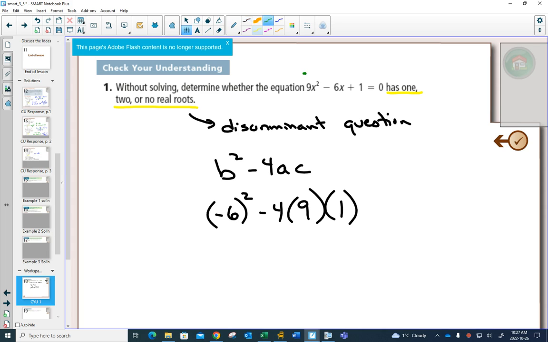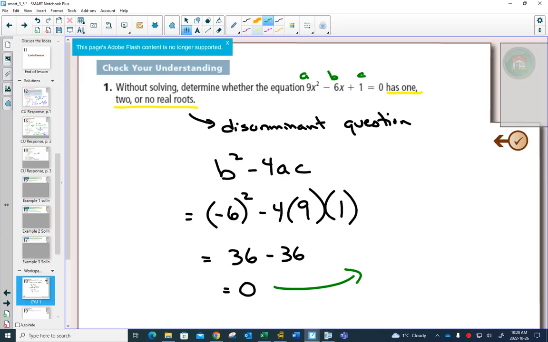First of all, we have to notice that it was sure nice that this was already in the right form. Sometimes you have to rearrange it so that it's in the ax squared plus bx plus c equals 0 form. This one was already in that right form. So I'm going to get 36 minus 36, which is 0.